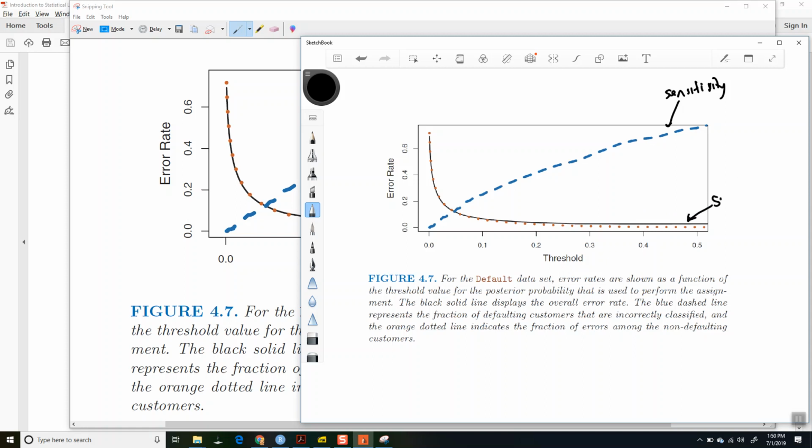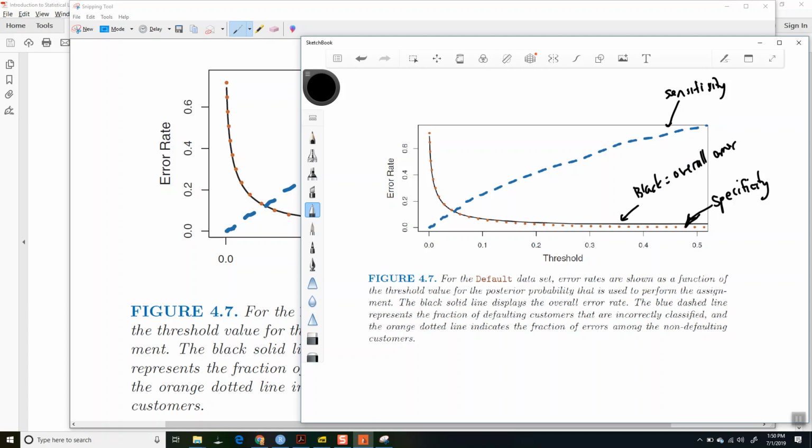I'm sorry, the red dot, this is specificity. And then the black line is overall error.